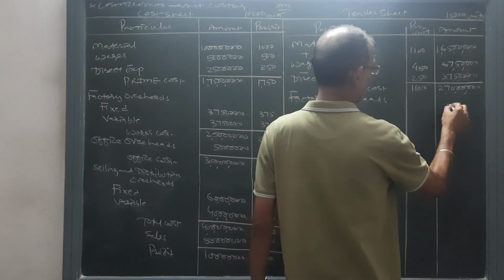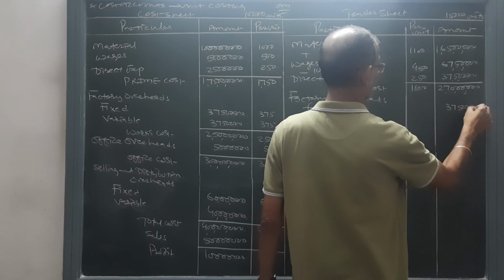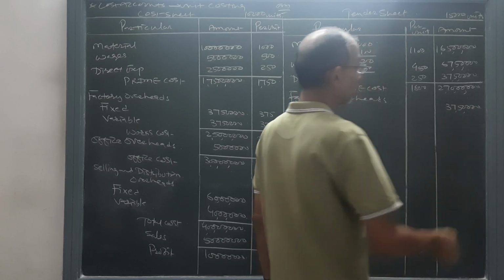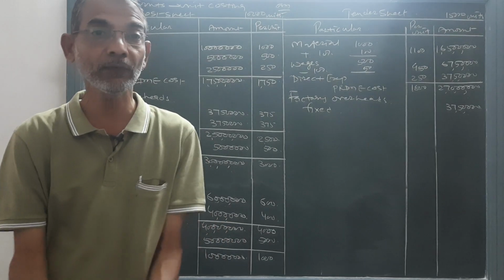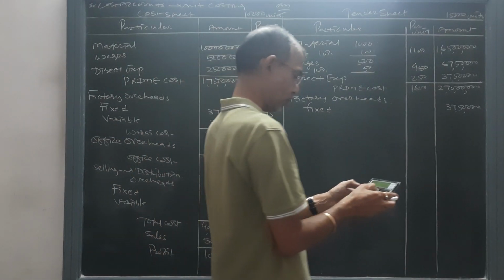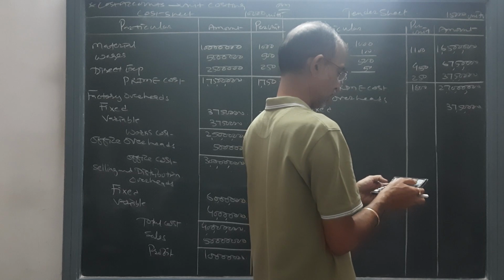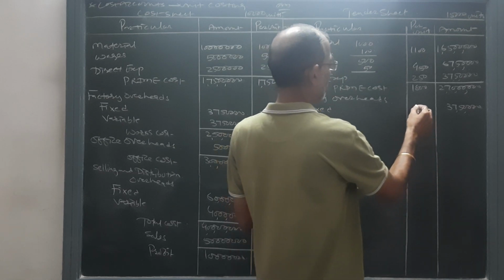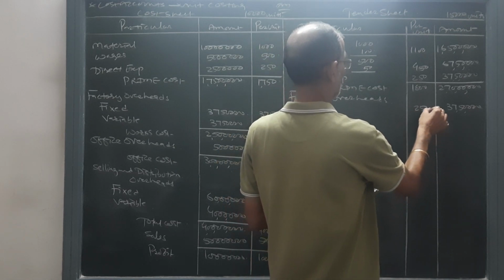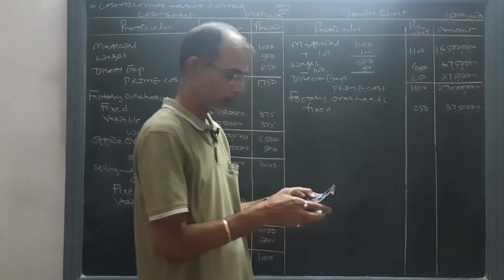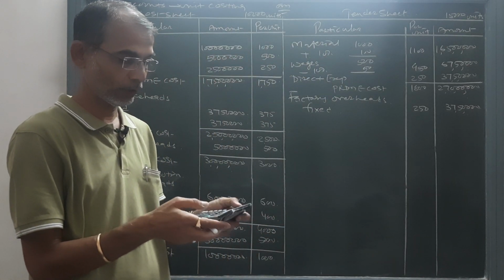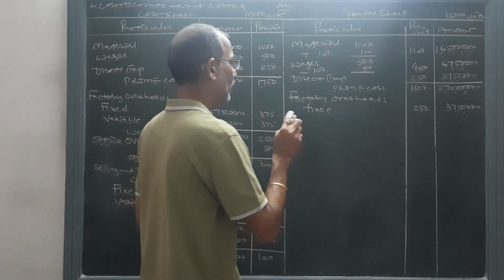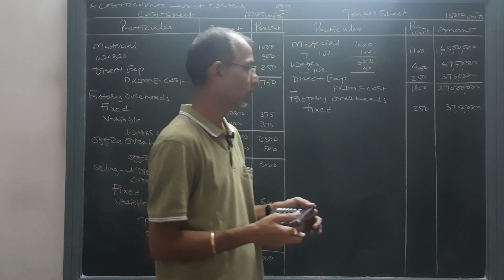Here you have to write the amount. 37 lakh 50,000 will be divided by 15,000 and you will get amount per unit, that is 250. 37 lakh 50,000 divided by 15,000, 250 will be fixed factory overheads.